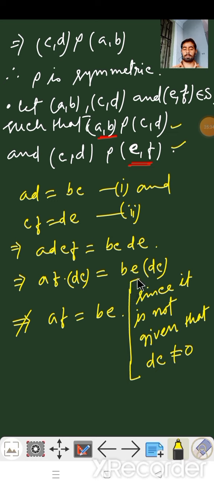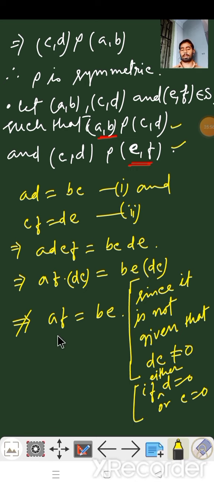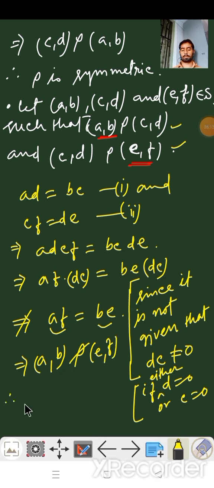There is a possibility that DC is 0, that is, either D equals 0 or C equals 0. Then we can't cancel out DC, and in that case this will not happen, which implies that AB is not related to EF, and therefore rho is not transitive.